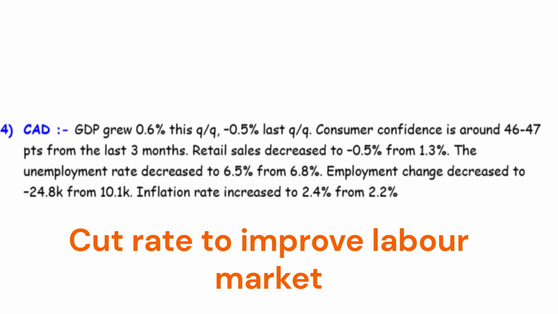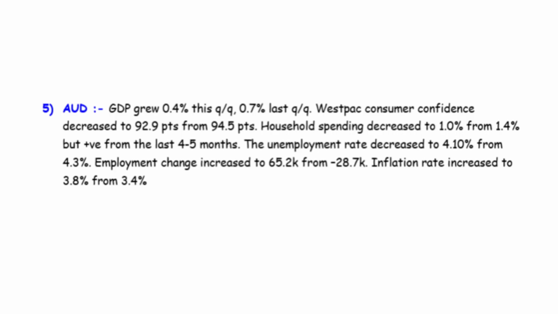trade accordingly. Moving to Aussie dollar, GDP grew 0.4% this quarter, 0.7% last quarter. Westpac consumer confidence decreased to 92.9 points from 94.5 points. Household spending decreased to 1.0% from 1.4%, but positive from last 4 to 5 months.